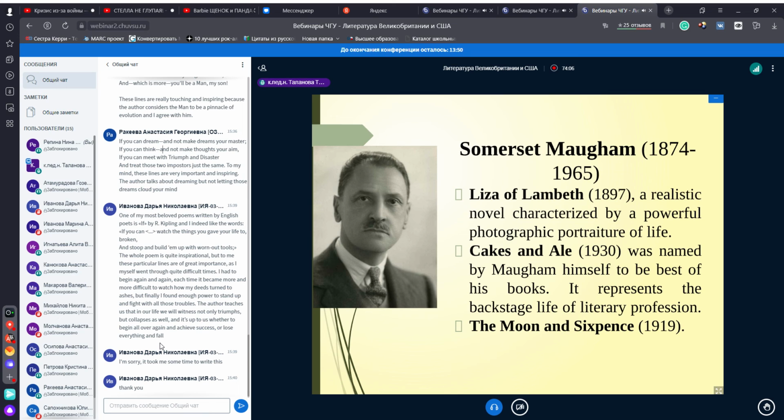The author was for the revolt of the individual against the accepted customs of society. And that theme fascinated the author and inspired him to write his famous novel, The Moon and Sixpence, in 1919.